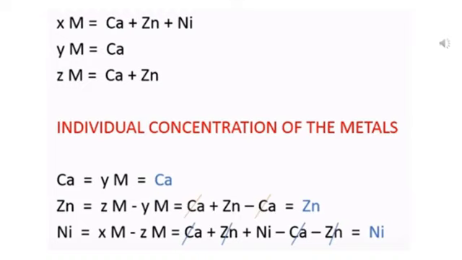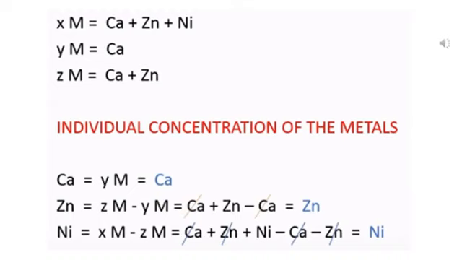So in this case, calcium is equal to Ym, and for zinc, zinc is equal to Zm minus Ym. Zm is equal to calcium plus zinc and Ym is equal to calcium, so calcium and calcium will cancel out, and it will be equal to zinc.